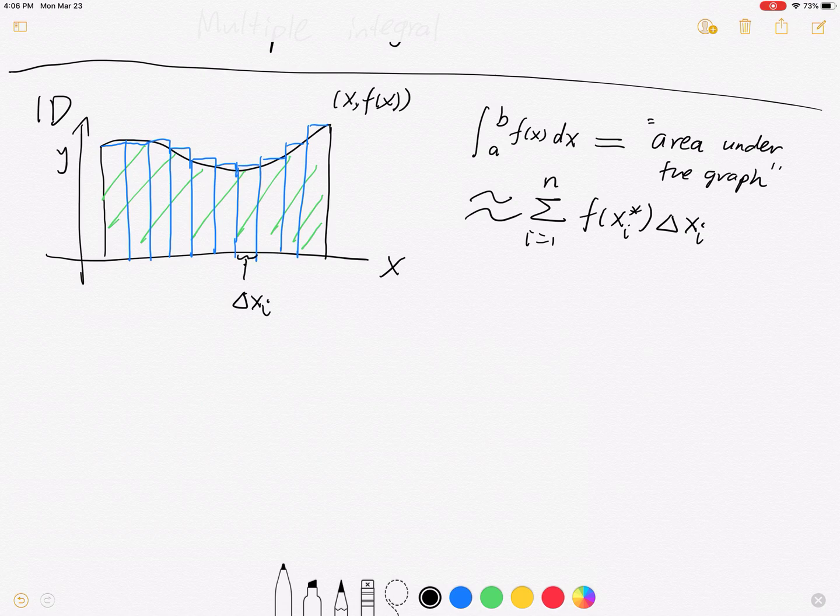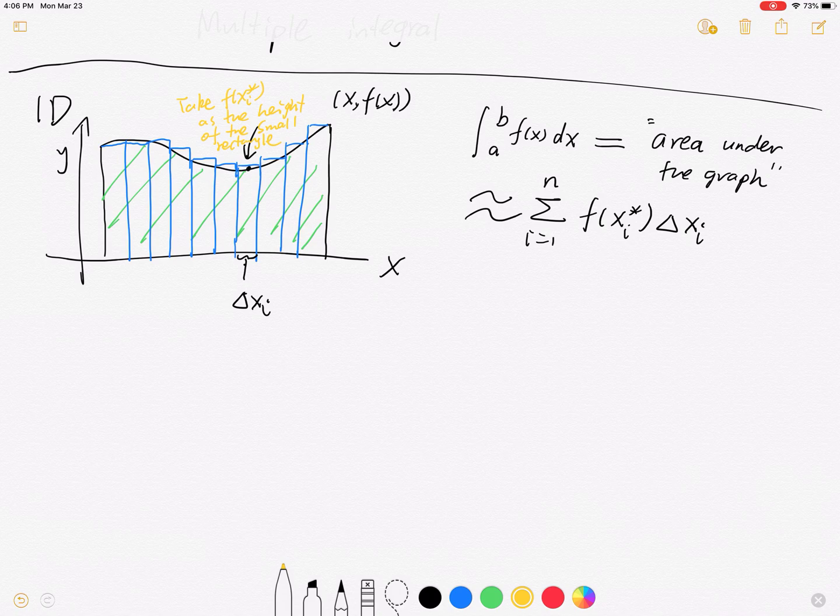The size of this rectangle is delta xi, and then the height, if you choose a point, so you can take f(xi star) as the height of the small rectangle, and here xi star is in between.